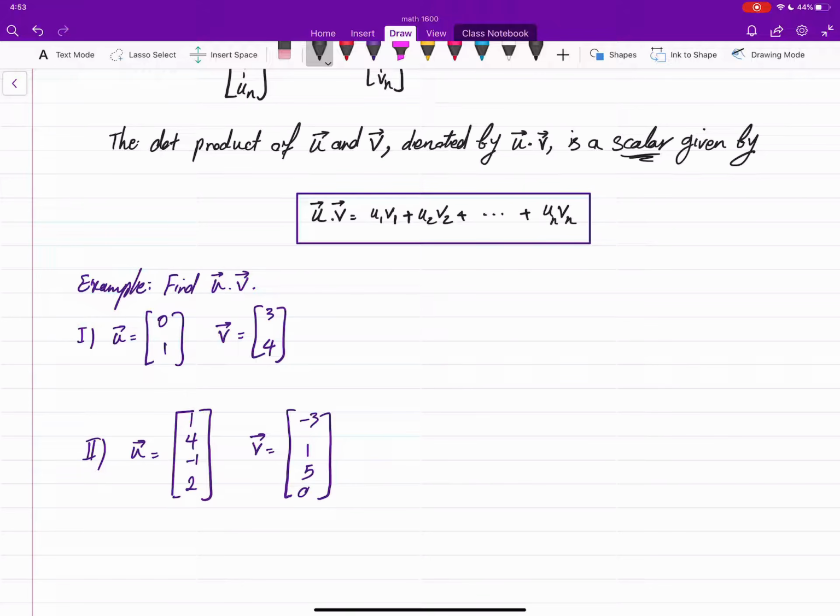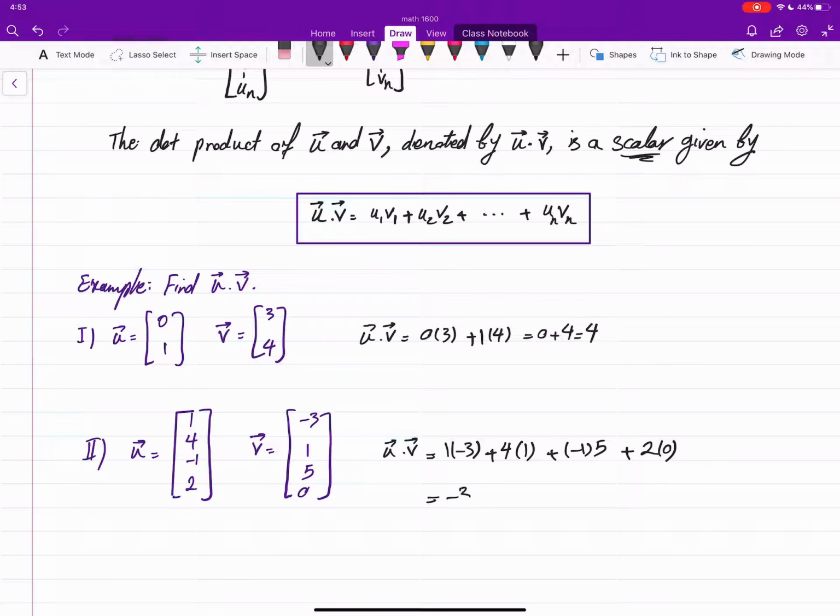So u dot v: first component to the first component, second component to the second component, add them. You get 0 plus 4, which is the number 4, a scalar 4. How about this one? u dot v: first component times the first component, second times second, third to the third, and fourth, then add them.